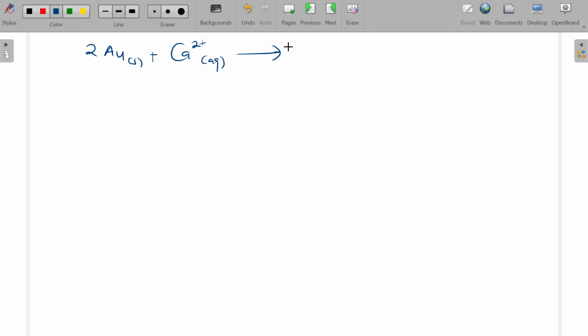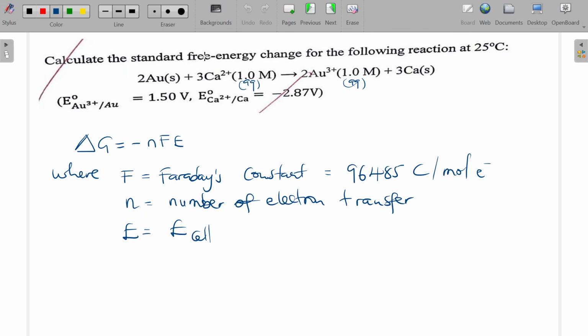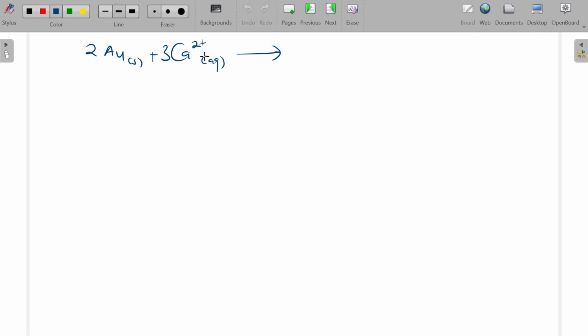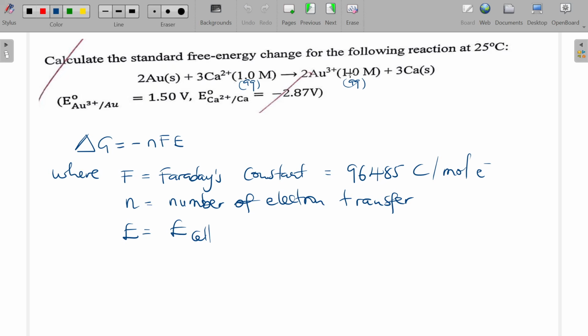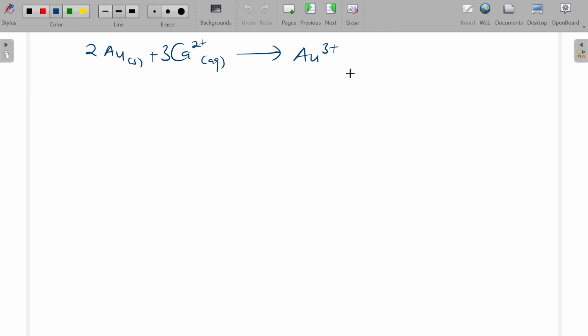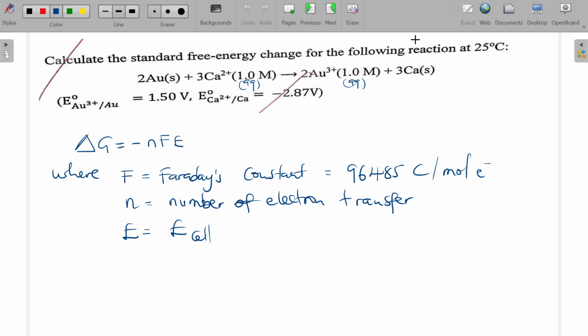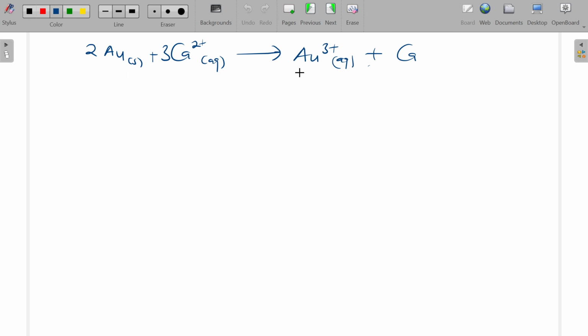Here the calcium had 3, then it had gold, which is Au 3 plus, and it was in aqueous. They just wrote 1 molarity, plus the calcium, which was 3, then this one was 2.